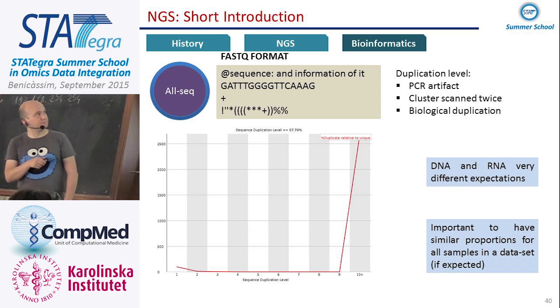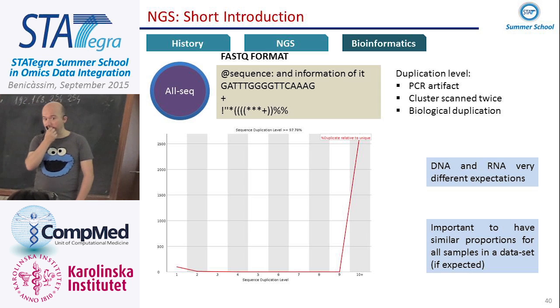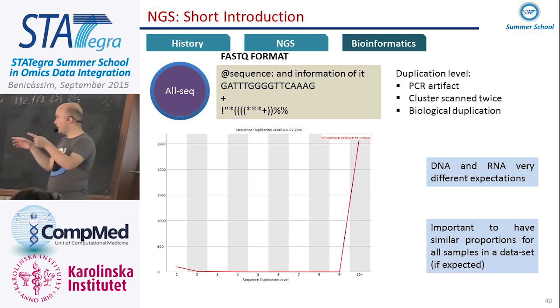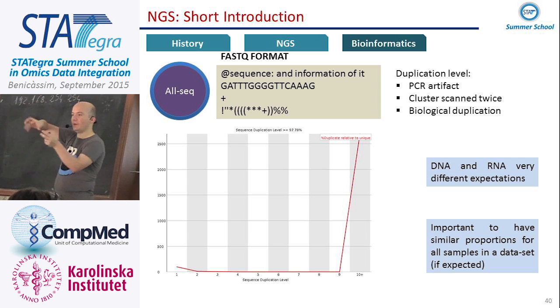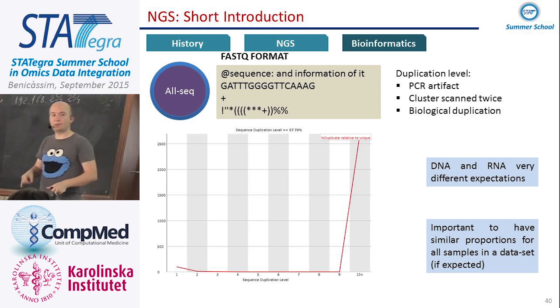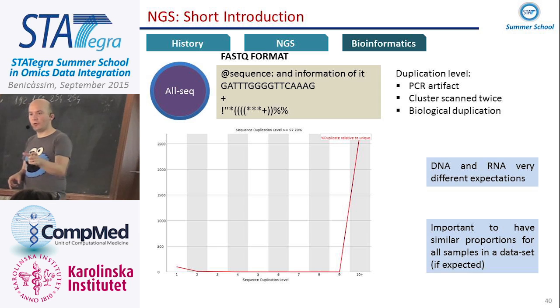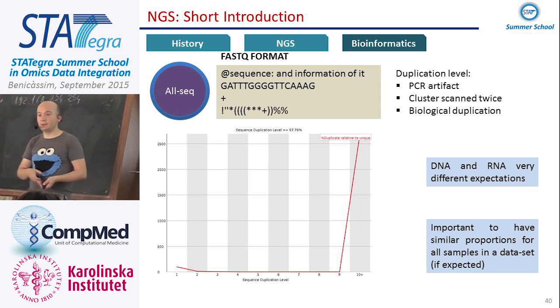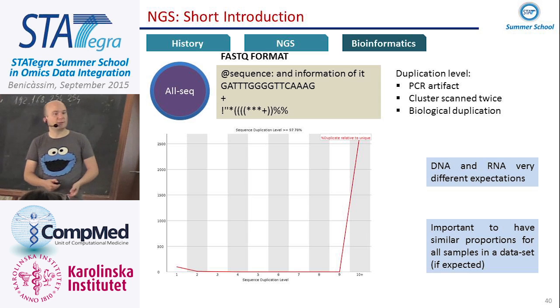Duplication. That's the other big general kind of comment. I was telling that we have a fragment, and then we have the reads, and imagine we have the same read twice. Is this expected? It can be for different reasons. One is that we have a PCR artifact, because doing the PCR you get this overrepresented too many times compared to the rest.